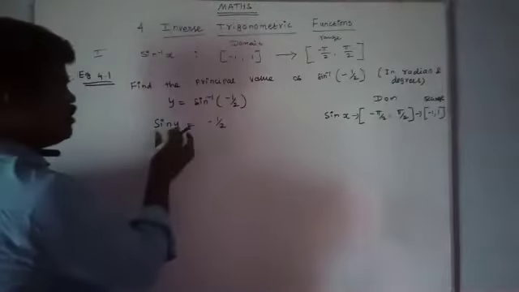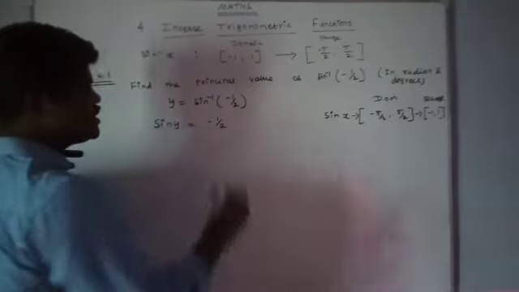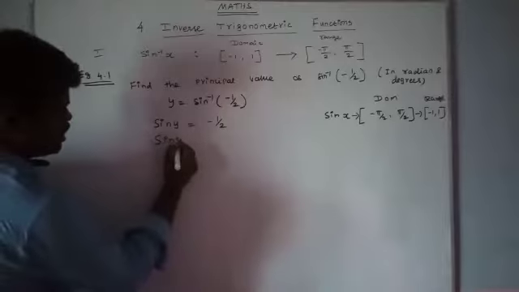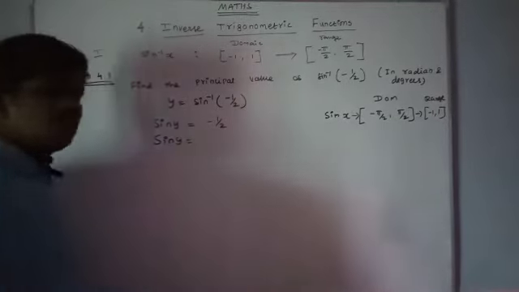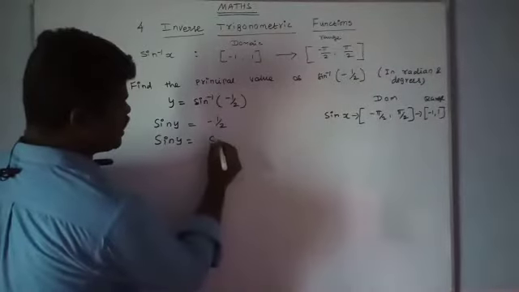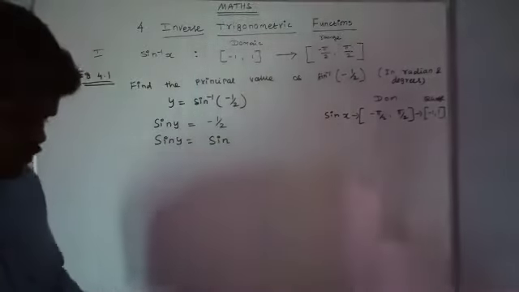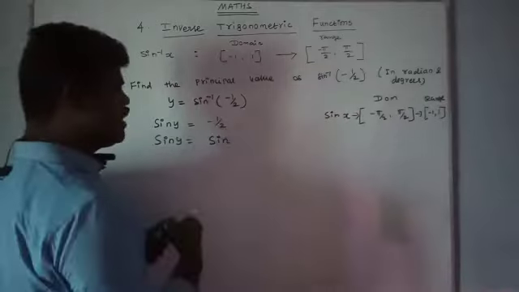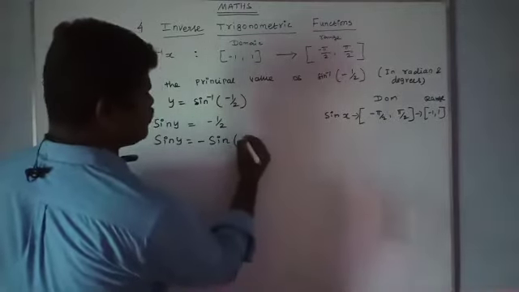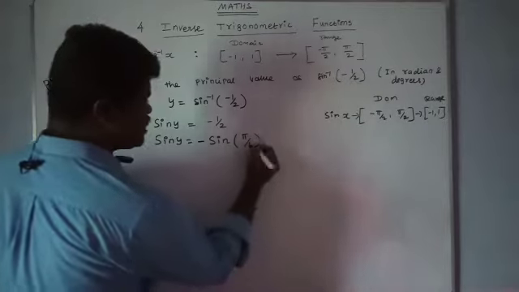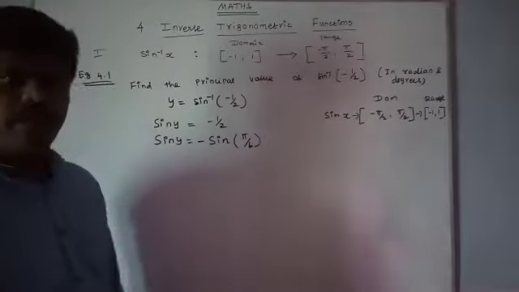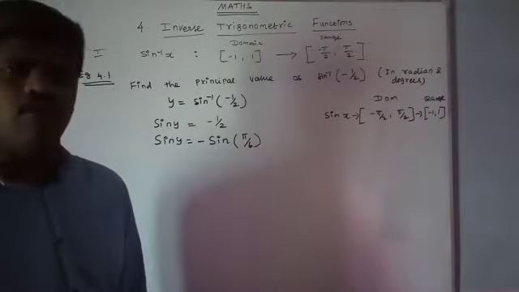Sin y is equal to minus 1 by 2. What is the value of 1 by 2 in sin? This is a minus value, so take the minus outside. Sin pi by 6, because 30 degrees, sin 30 degrees is 1 by 2.